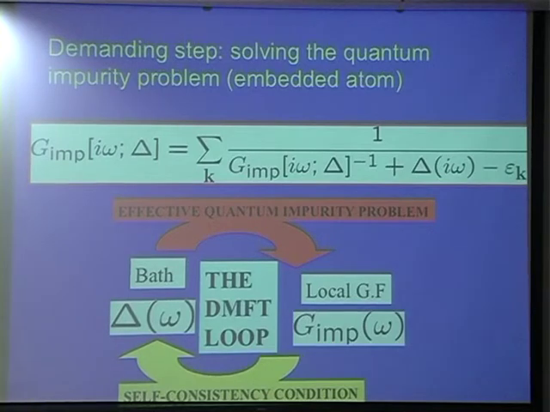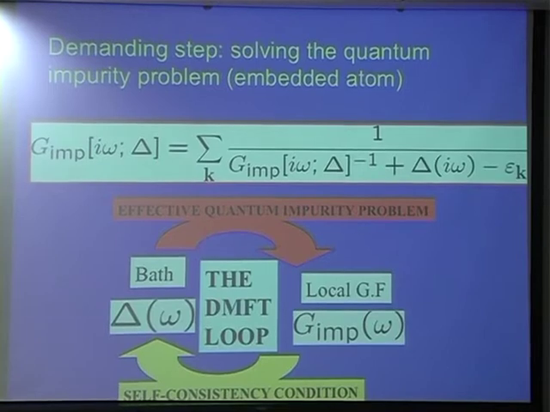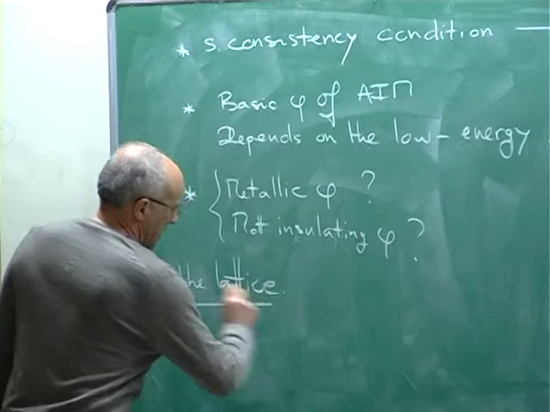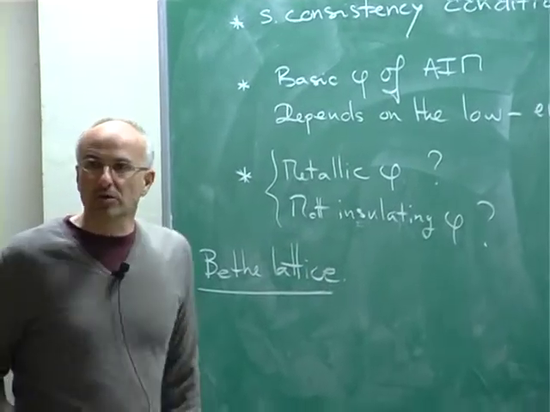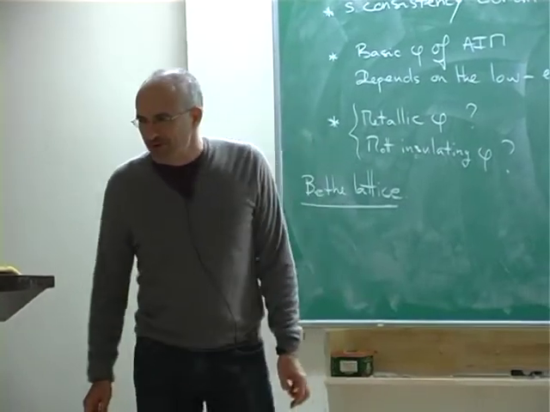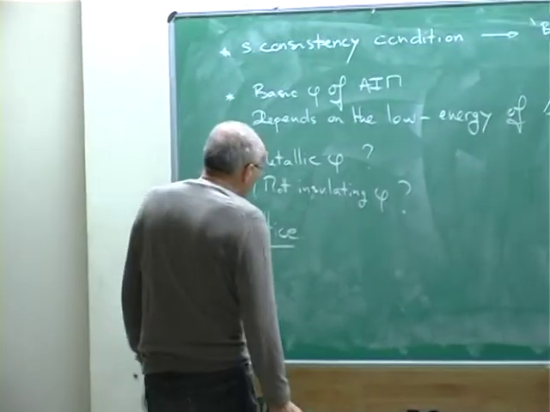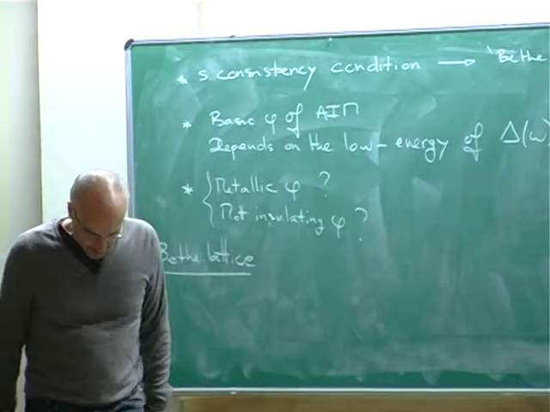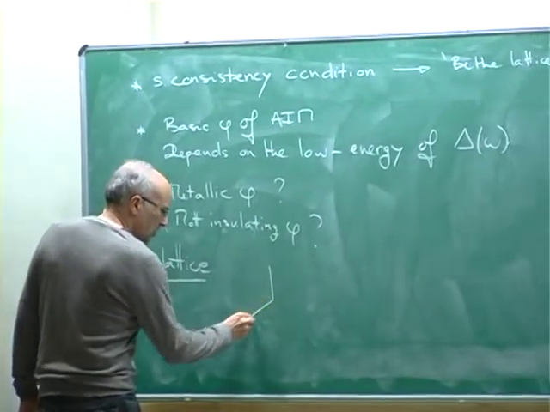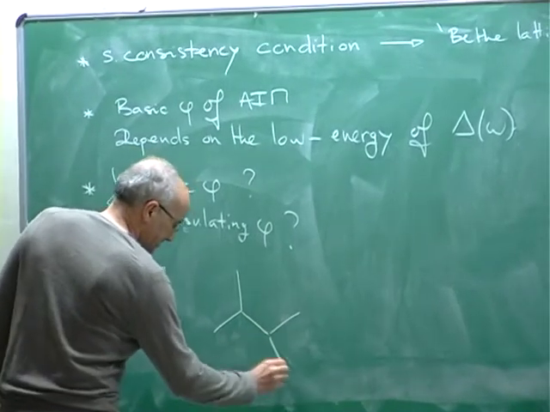For this, we can consider the case of the so-called Bethe lattice. And who knows what a Bethe lattice is? Oh, not too many people. Okay. So a Bethe lattice is actually a tree. It's also called a Cayley tree, I think.